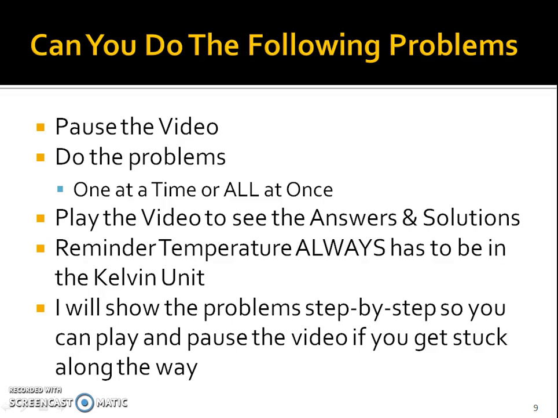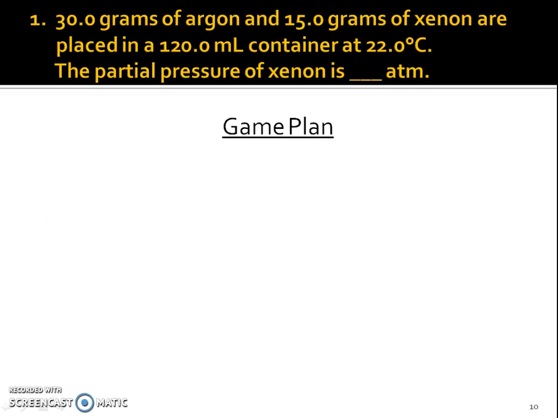And we want to remember that your temperature always has to be in the Kelvin unit. And again, remember your R. If you're using your PV equals nRT, remember that you need certain values for that as well. So for number 1, read over, pause, try to do it, and here's my game plan.